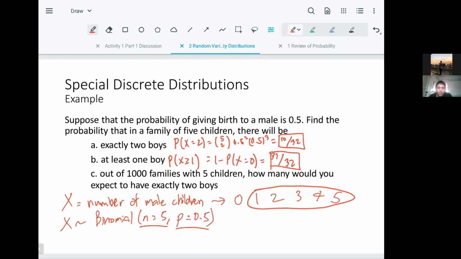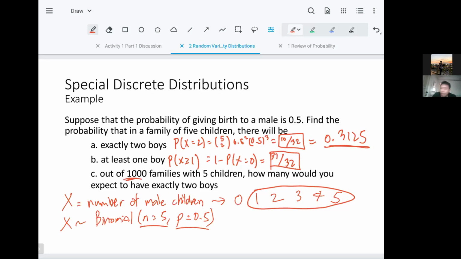Ang gusto ko gawin niyo sana, paki-compute sa decimal. Ano yung 10 out of 32 sa decimal? We need that to answer letter C. Sige, 0.3125. Okay? Why do we need that? Letter C kasi, out of 1,000 families with 5 children, how many would you expect to have exactly 2 boys? We're saying that 31.25% of all families will have 2 boys.